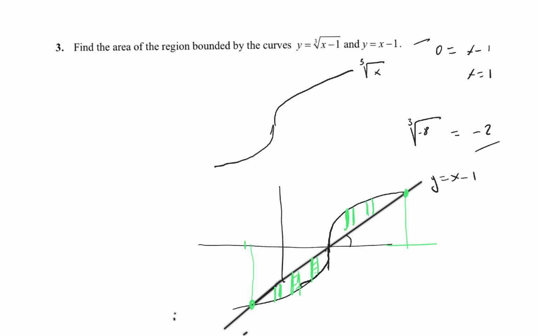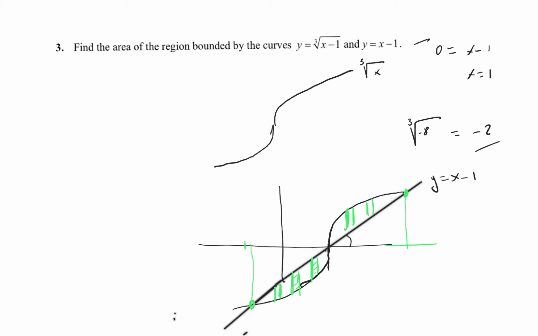On the region from x equals this point, which we will find now, to x equals 1, the upper function is y equals x minus 1. But on the interval from x equals 1 to this point, the upper function is y equals the cubic root of x minus 1. So we need to take the difference between the upper minus the lower. So we need to do two intervals, from this point to this point, and from this point to this point.